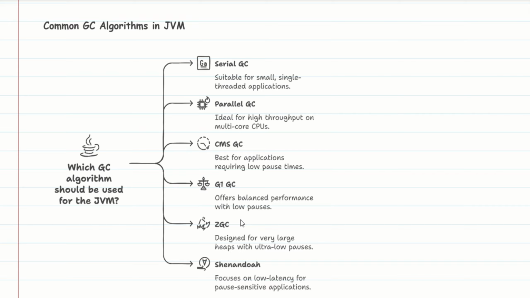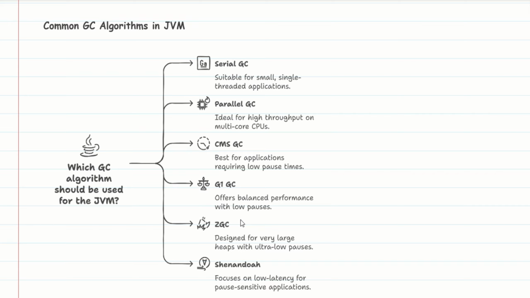For all these algorithms, if you want to utilize them, there is a flag for each algorithm, like hyphen double X. If you are using application servers like Tomcat, it will be available in catalina.sh. You need to add these flags in the JAVA_OPTS parameter.